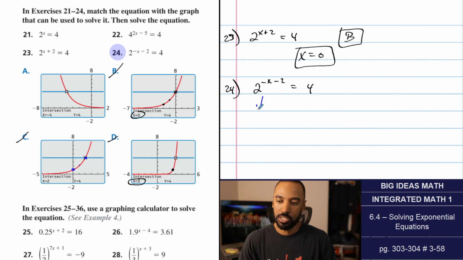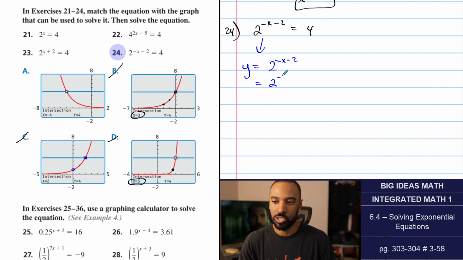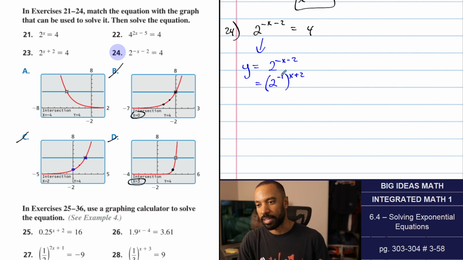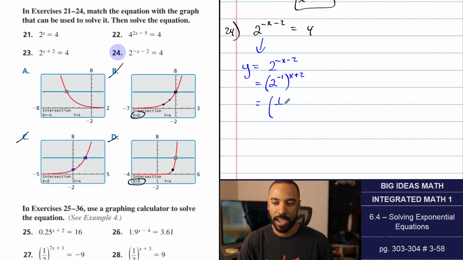So for this equation, y equals 2 to the negative x minus 2 power, I haven't said the word factor very much, and I can't really introduce it as well as I'd like to, but this is 2 to the negative first times x plus 2. If you think about the fact I could distribute a negative 1 into both of these to make these negatives, you can make this a 2 to the negative first. And how do negative exponents work? They turn into fractions. So this would be 1/2 to the x plus 2 power.